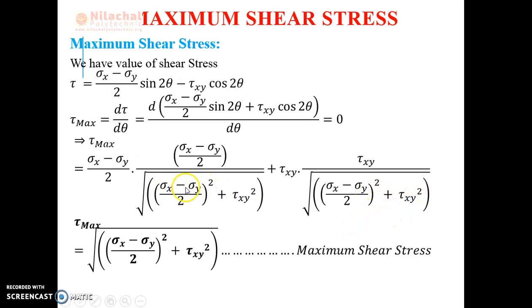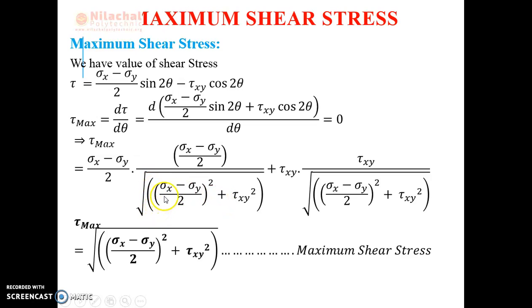So here we have (sigma x minus sigma y) by 2 into (sigma x minus sigma y) by 2 whole square, plus tau xy into tau xy, that is tau xy square. So the expression will be ((sigma x minus sigma y) by 2) whole square plus tau xy square, divided by the square root term.